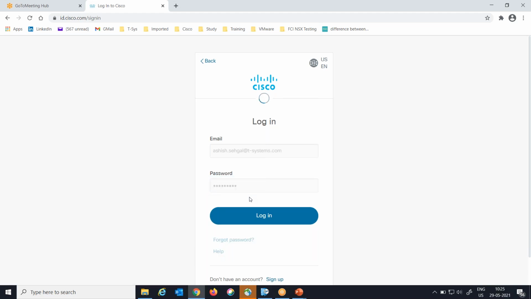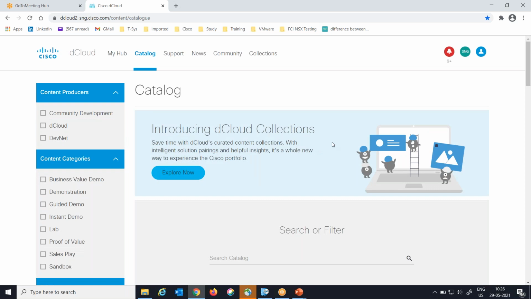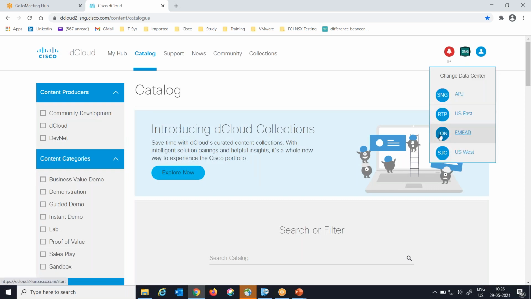So the quick answer to your question is no. Simulating the VPC failure scenarios is not possible in dCloud. I just want to show you which particular lab we will be taking for the purpose. We will be going on to the London data center.